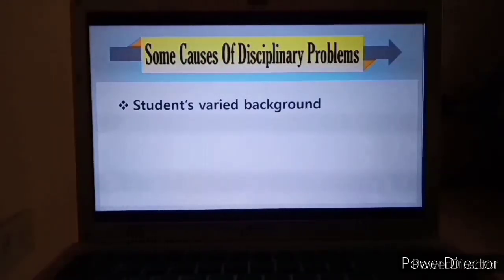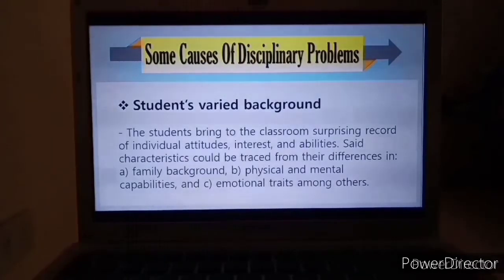Third is students' varied background. The students bring to the classroom a surprising record of individual attitudes, interests, and abilities. Said characteristics could be traced from their differences in family background, physical and mental capabilities, and emotional traits, among others.